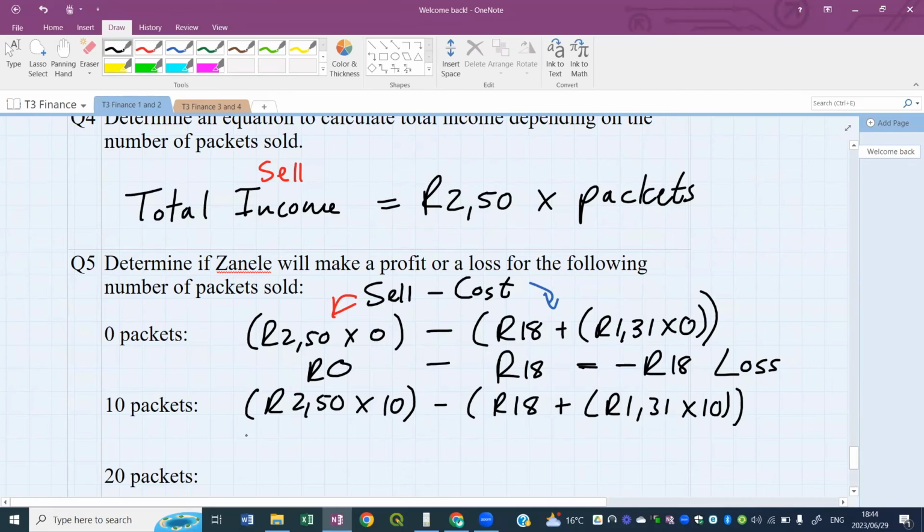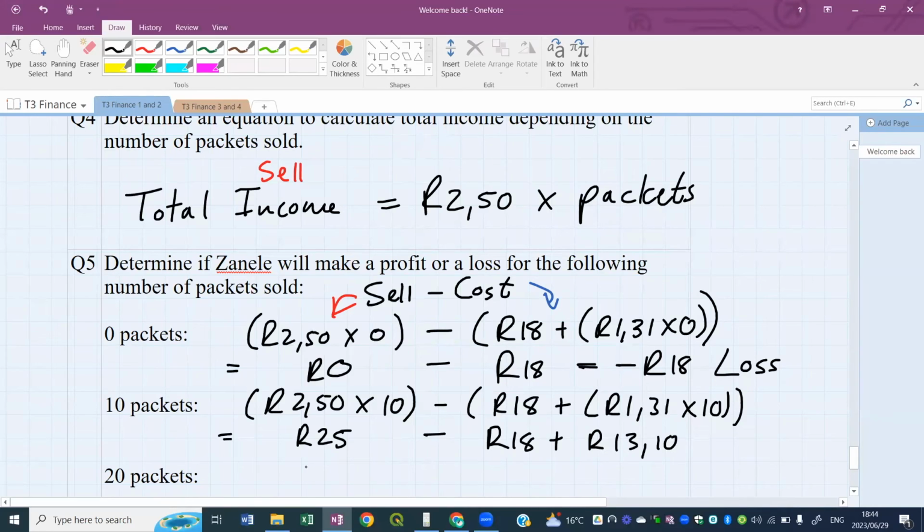All right. What does this give us? Okay. This gives us 2.50 times 10 is 25 Rand. Oh, she's making money now. Minus, what are her costs? Well, it's 18 Rand plus, what's 1.31 times 10? That's 13 Rand 10 cents.